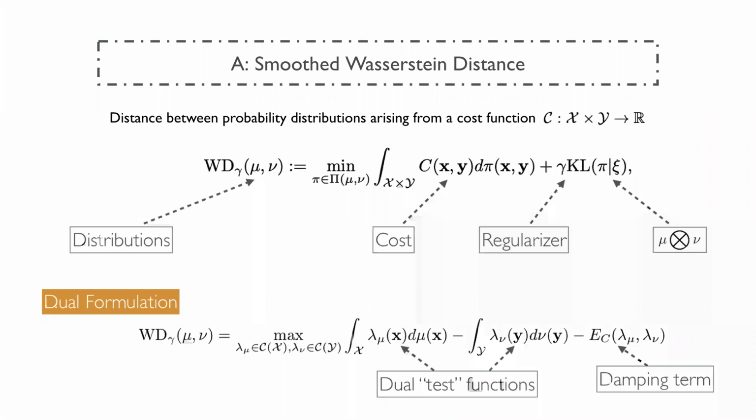In our case, we'll also add this regularizer, which is a KL with respect to a fixed distribution, because this allows us to go into the dual formulation, which is the same as the primal here, but it'll allow us to actually take stochastic gradients through it.